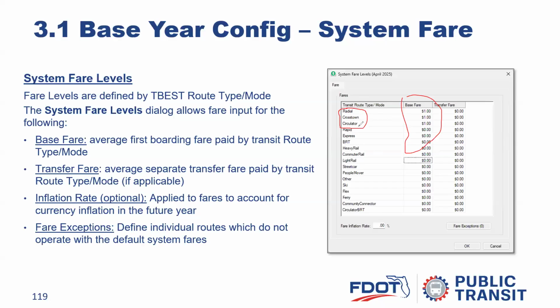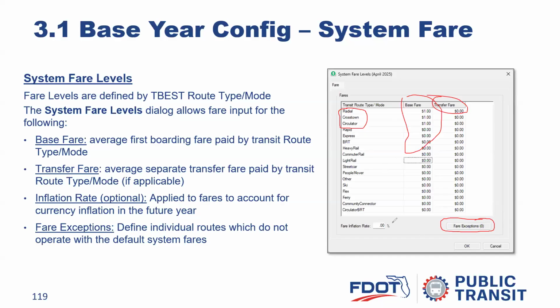All we have are radial, crosstown, and circulator, so we don't actually need to input any of the others, and there is no transfer fare. So essentially we have a cash fare, a base fare that we're inputting here, and that's pretty much it. We can implement fare exceptions. So if there is an exception for one or more routes, you can implement them as a fare exception.